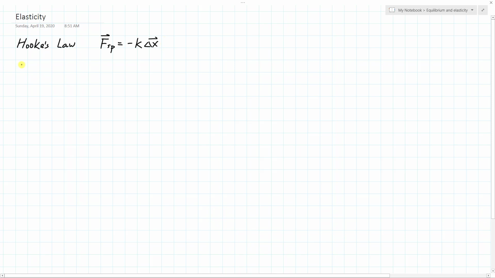So let's discuss tensile stress and the strain. This is a slight extension of Hooke's law. So we have an object that is very elongated. It has a length L, and it's fixed at one end.